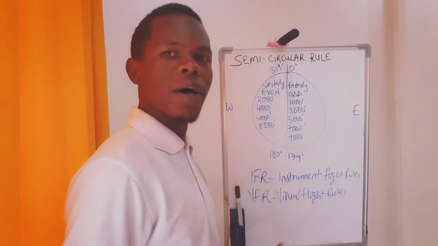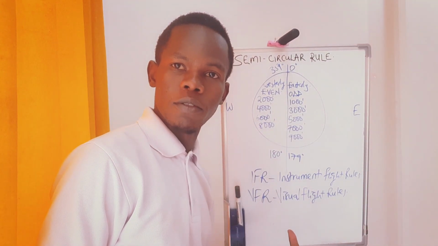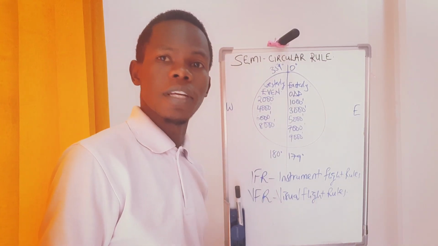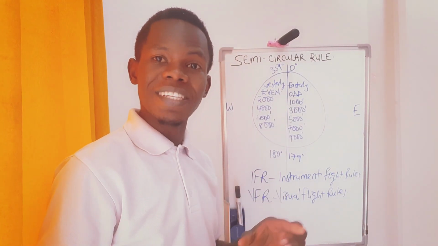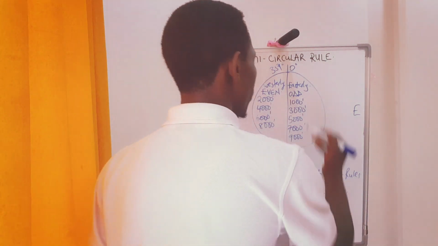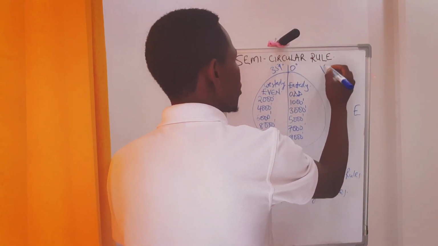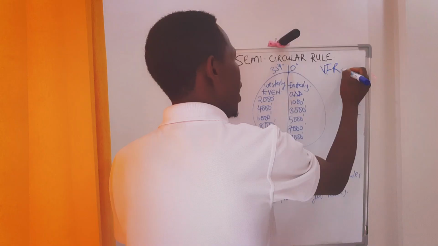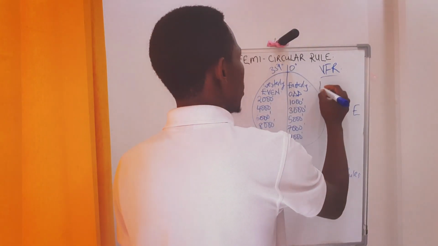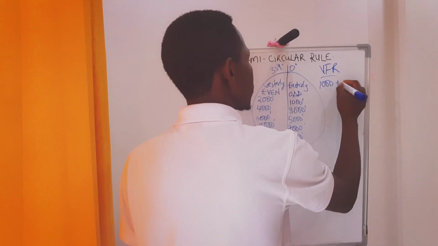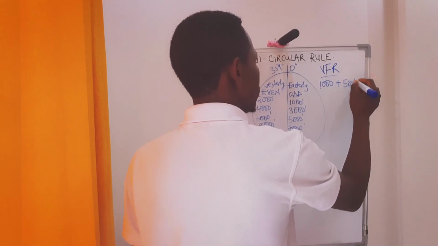Now, how about the aircraft that are using visual flight rules? How do they report their flight levels? On their flight levels, 500 feet is added. For example, if it is 1,000 for VFR, an easterly that is using VFR, it is 1,000 plus 500.